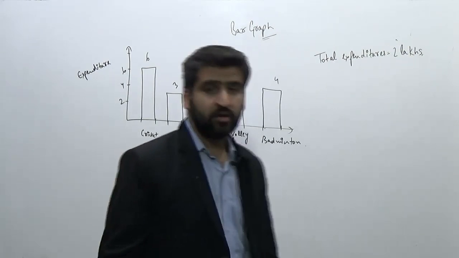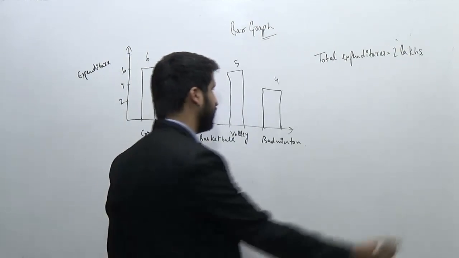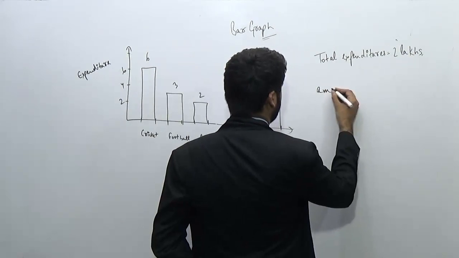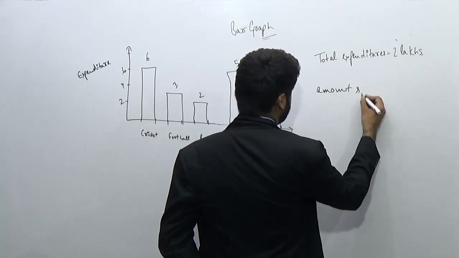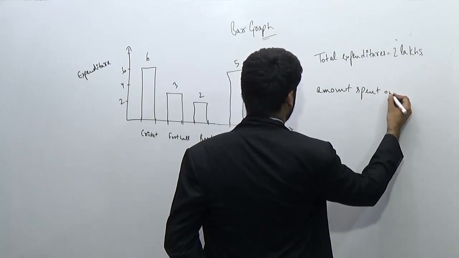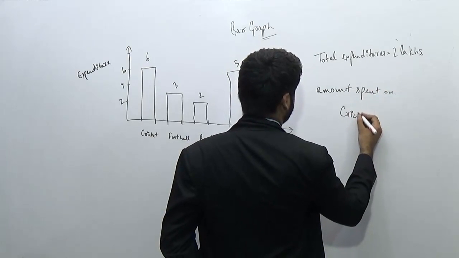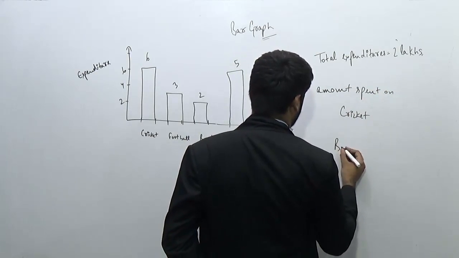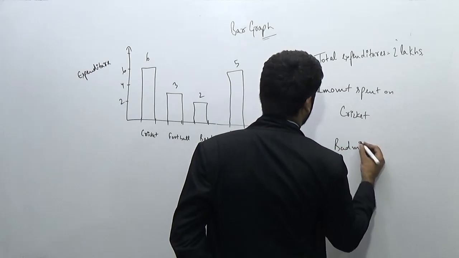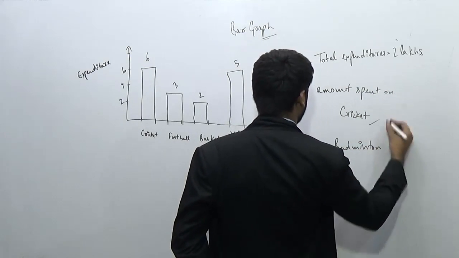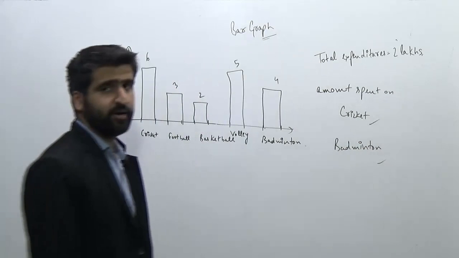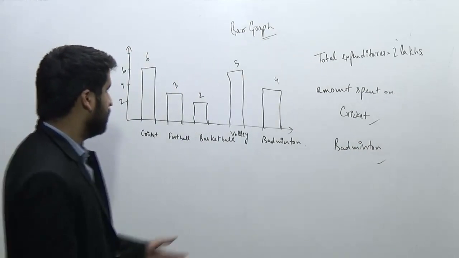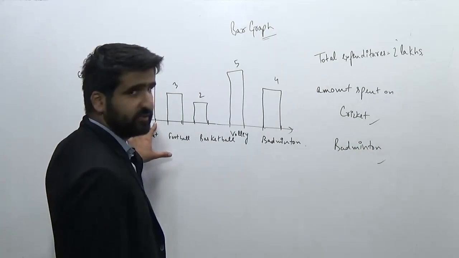Now my question is, find the amount spent on the first one, cricket, and the second one, let's say, badminton. Now guys, can you tell me how to find the amount spent on cricket and badminton? We know that for cricket, we have 6 units.